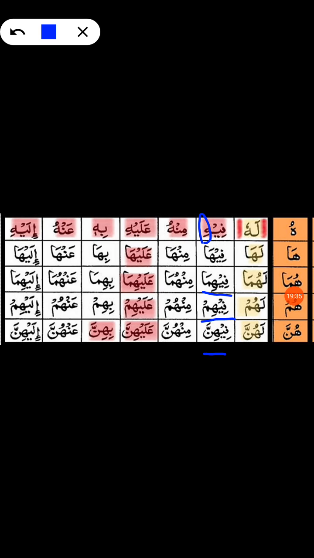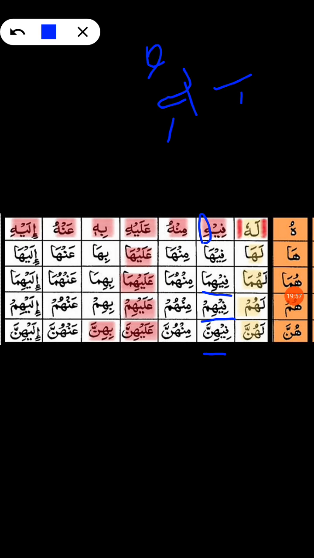The default sound of an attached ha is dhamma, or pesh, but it can carry a kasra if the sound exactly right behind it is that of E.